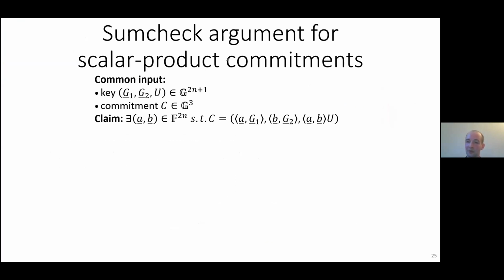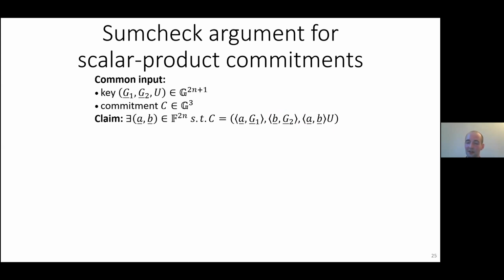The common input between the prover and the verifier this time is going to be a commitment to a left message vector A, and another Pedersen commitment to a right message vector B. And then finally, a commitment to the scalar product of the two of them. And what it means to prove that you know an opening of this commitment is to prove that you know two committed messages which satisfy some kind of scalar product relation.